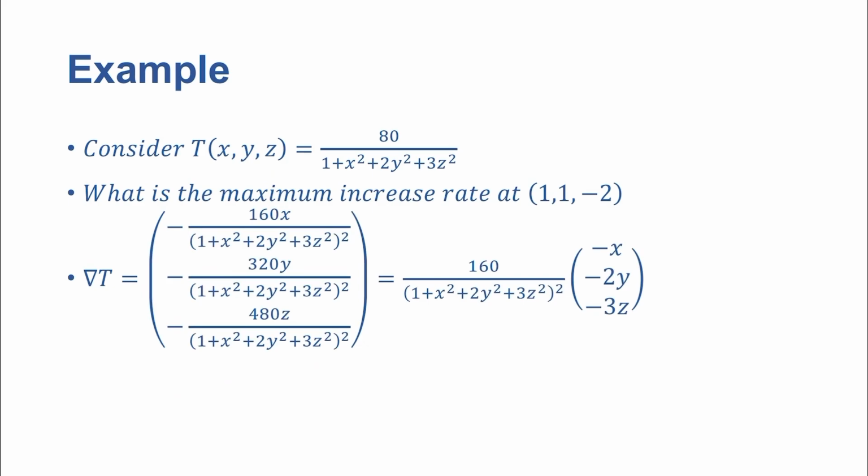For the y component, we get negative 320y over (1 plus x squared plus 2y squared plus 3z squared) squared. And finally, for the z component, we get negative 480z over (1 plus x squared plus 2y squared plus 3z squared) squared. We can take out a factor of 160 over (1 plus x squared plus 2y squared plus 3z squared) squared, and we're left with the vector (-x, -2y, -3z).